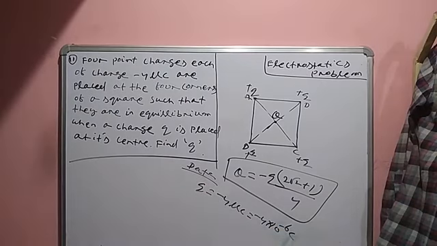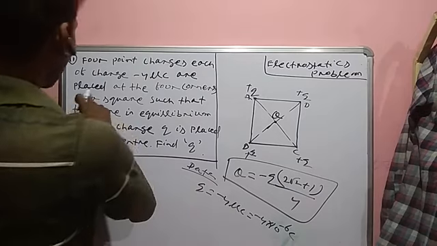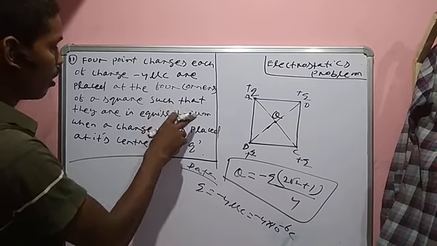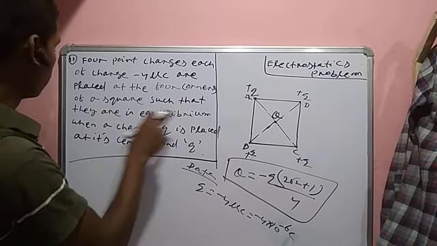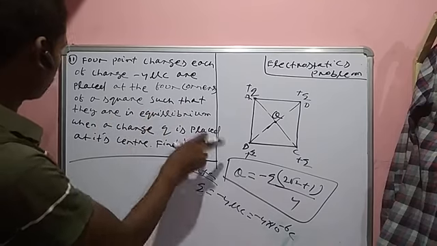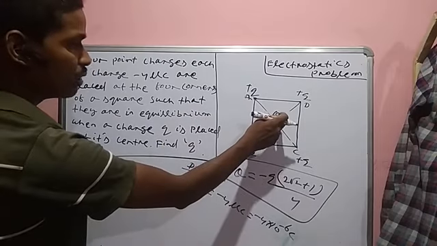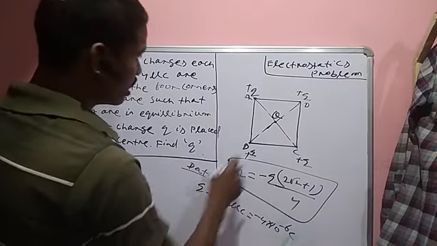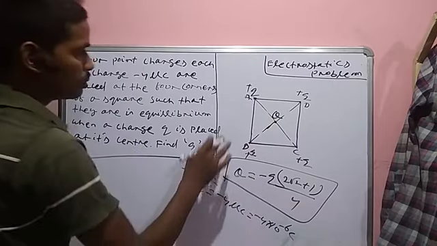Placed at the four corners of the square such that they are in equilibrium when a charge q is placed at the center. That means this is the center charge.